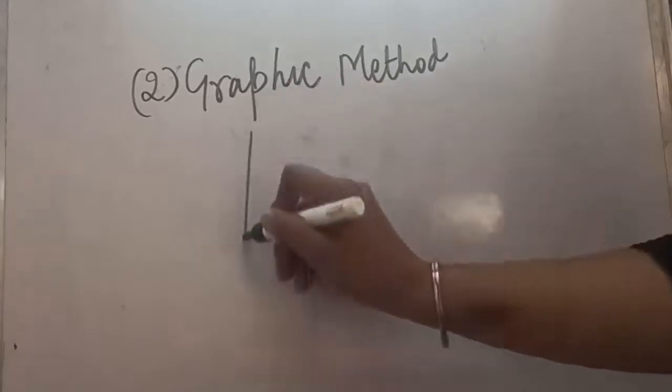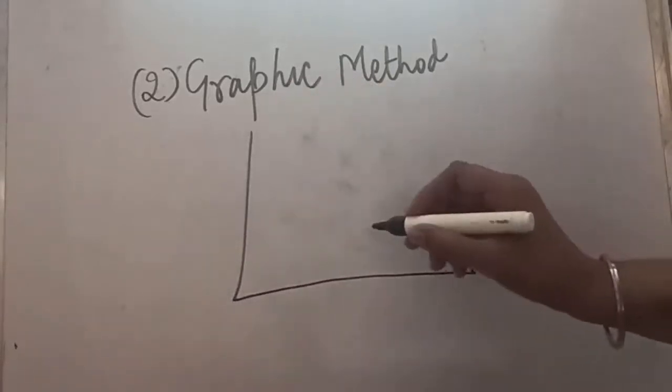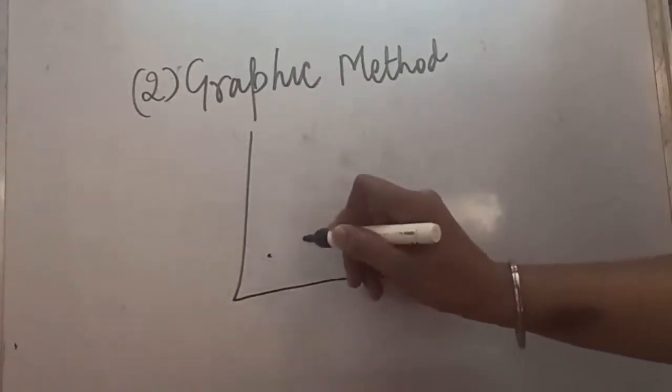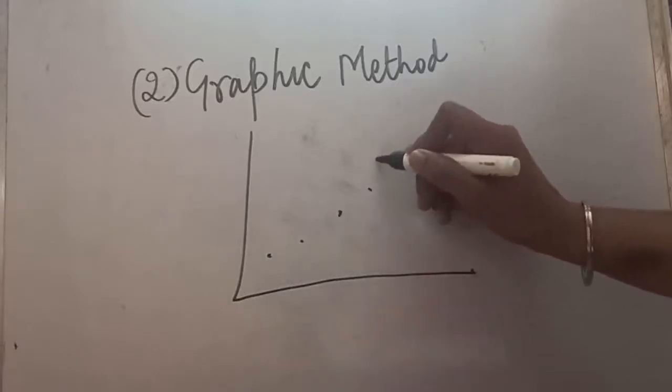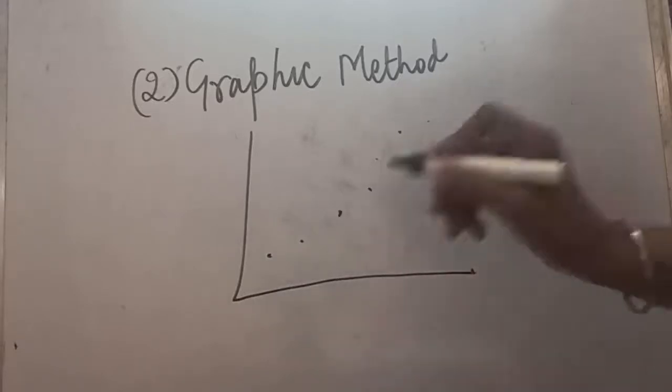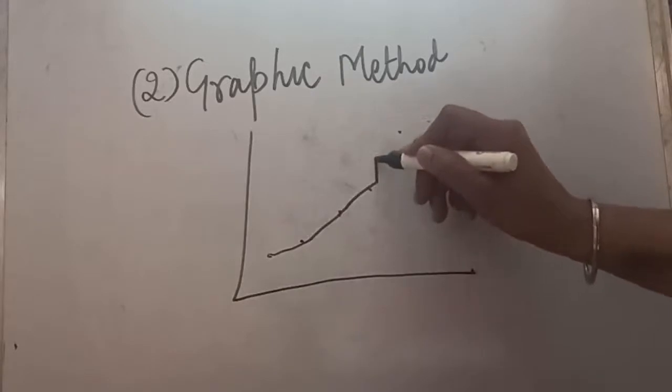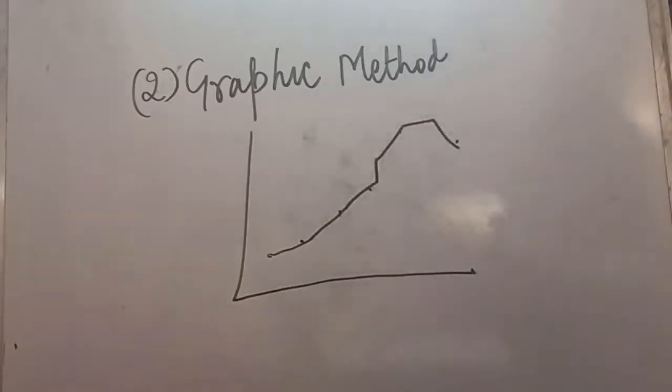Besides having the points, we will join these lines also. So this is also a very simple method. Here you plot the points as in the previous method. Now we will join these points also. When you join these points, it becomes a graphic method. So like this you can find out correlation.